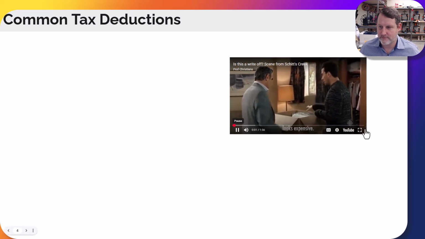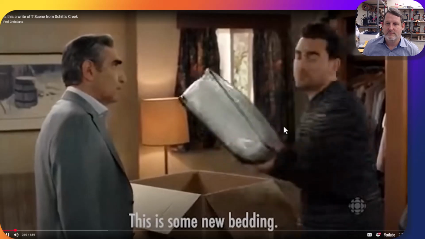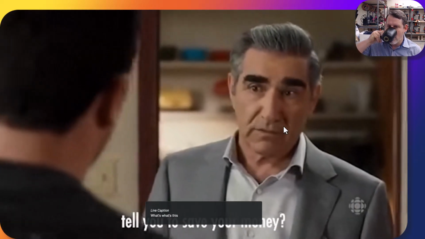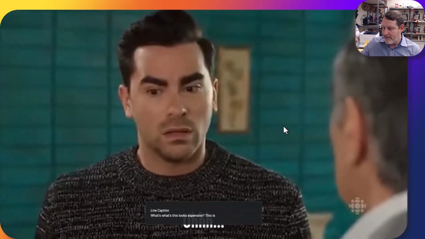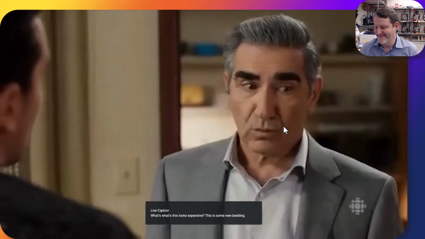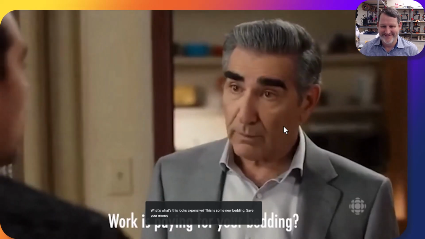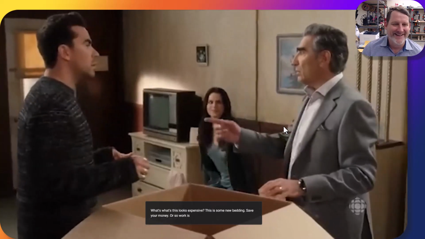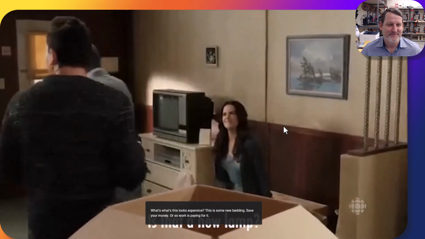What's this? Looks expensive. This is some new bedding. David, didn't I just tell you to save your money? Yeah, I am testing this out for the store, so work is paying for it. Work is paying for your bedding? I was gonna leave, but now I don't want to. So. What is that? Is that a new lamp?